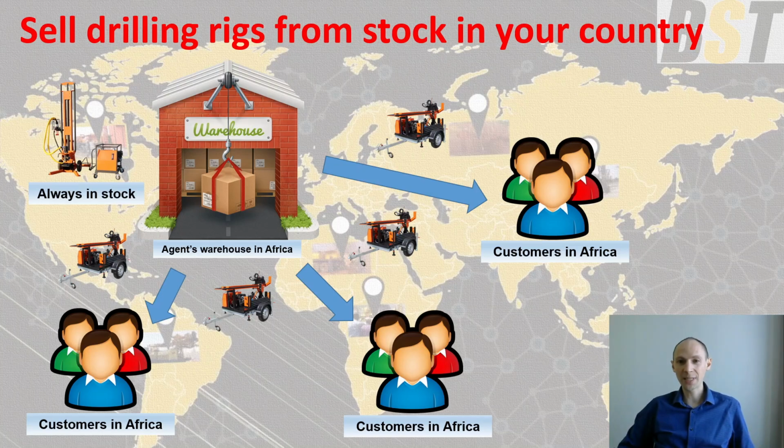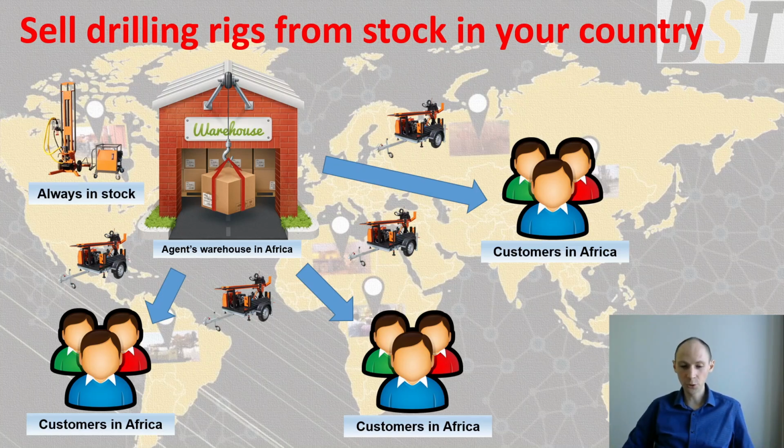And if you really possess these two blocks of skills which I described at slide number 1, marketing skills and networking, good connections with drilling companies, now it will be very easy for you to sell these two drilling rigs to local people in Africa.